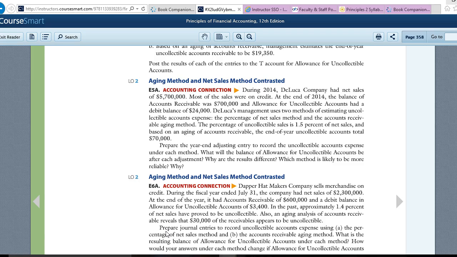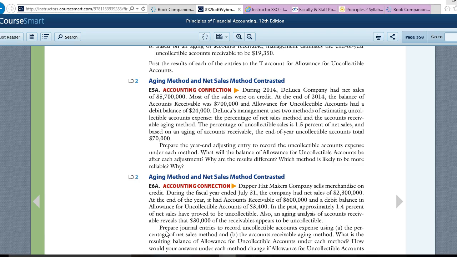The percentage of uncollectible sales is 1.5% of net sales, and based on an aging of accounts receivable, the end-of-year uncollectible accounts total $70,000.